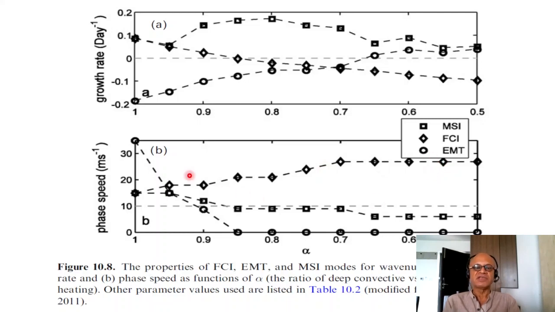EMT by itself is very high when alpha is 1, and then quickly drops off to 0, and it doesn't propagate, just becomes stationary when alpha drops below about 0.85 or so. So the main message is that growth rates and the propagation speeds together are best explained in this range by the MSI as a combination of FCI and EMT.